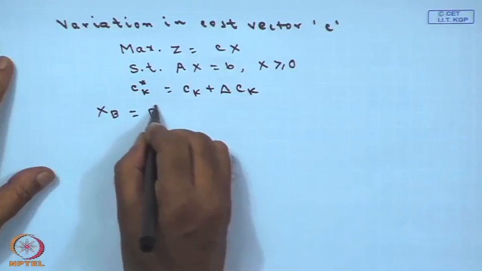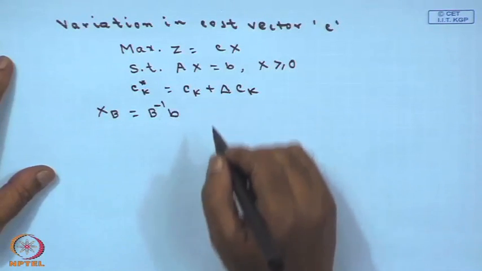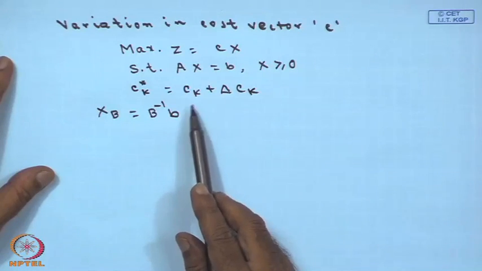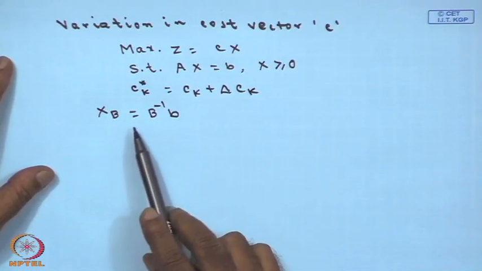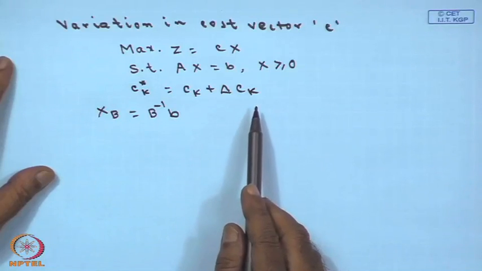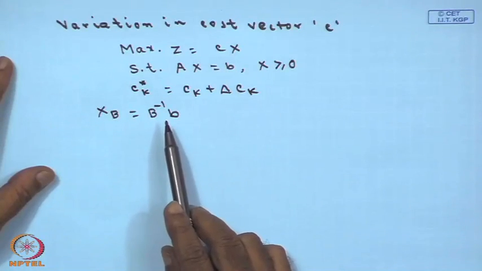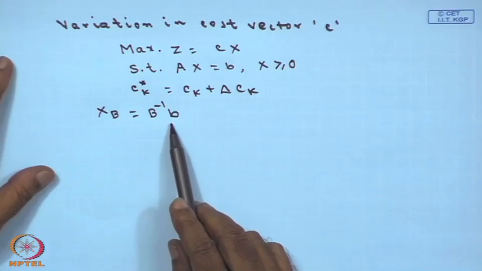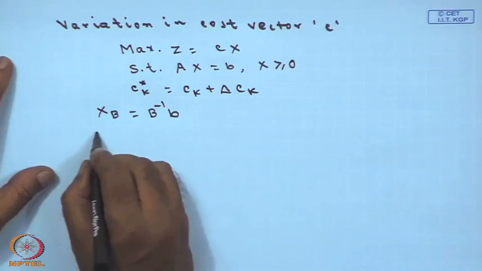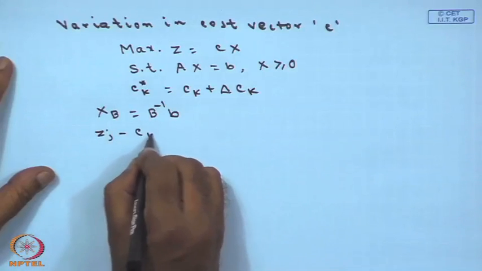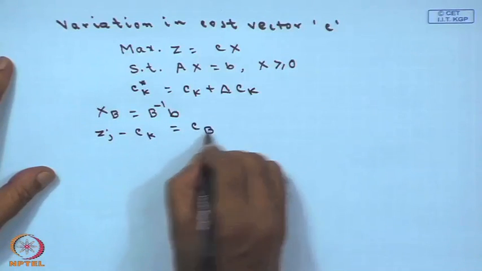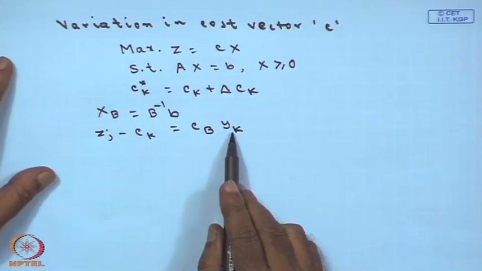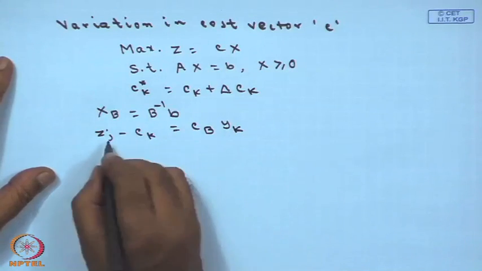Your basic solution is B inverse b, which is independent of the cost coefficient Ck. Therefore, the current solution will remain basic here itself. Whatever solution was there in the earlier problem will remain the same, it will not change. And Zk minus Ck equals Cb into Yk minus Ck.